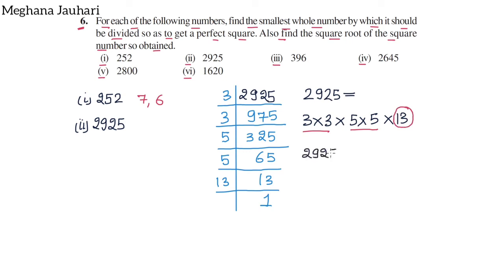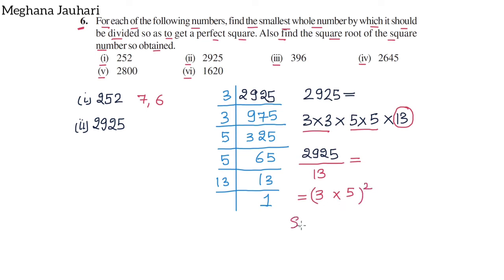How will we remove it? Yes, by dividing 2925 by 13. And then we will be left with paired numbers, that is (3 into 5) whole square, right?